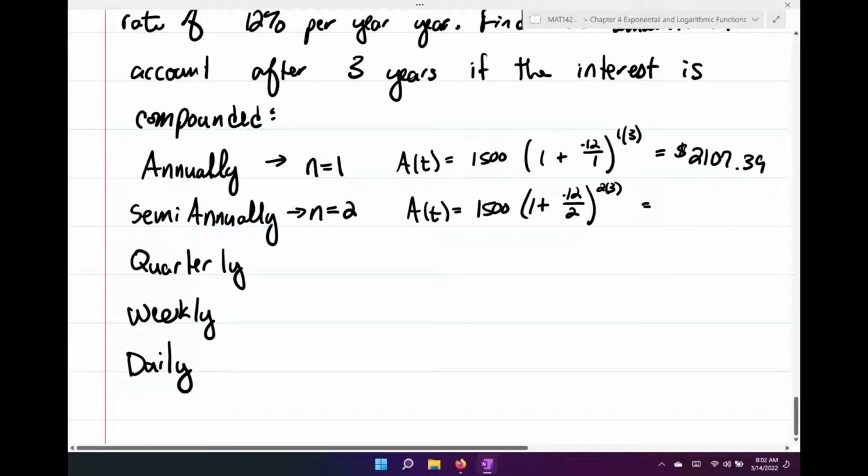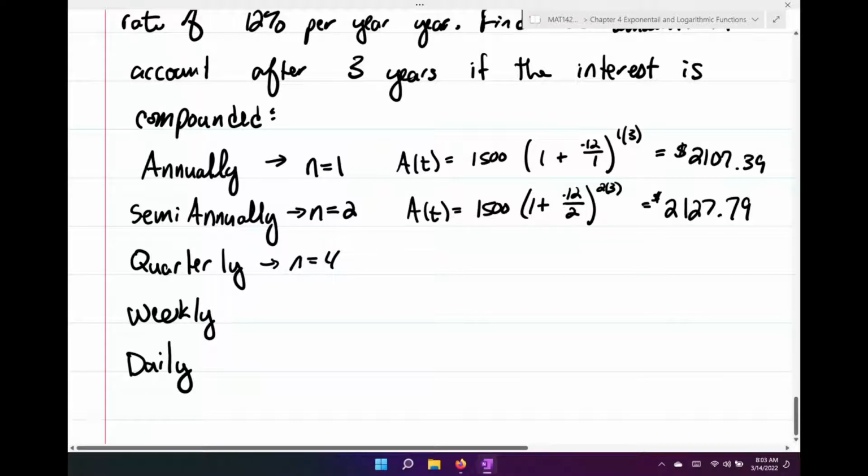Okay? So just give me a second here. I'm going to type it into my calculator real fast. Put a 2 there. All right, and we get $2,127.79. So not like we're making that much money, but if we allow it to compound twice, we make an extra $20. Quarterly means 4.